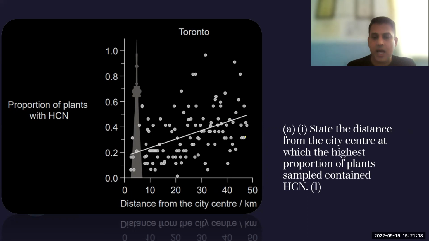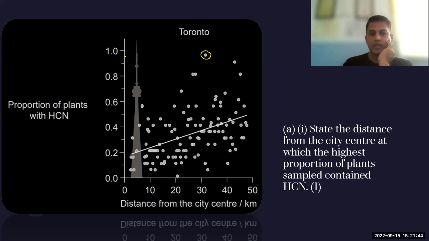So these are the samples. That means one spot is a sample. So we can take this spot which has the highest concentration of HCN. This is how we can get this exact value on the x-axis.